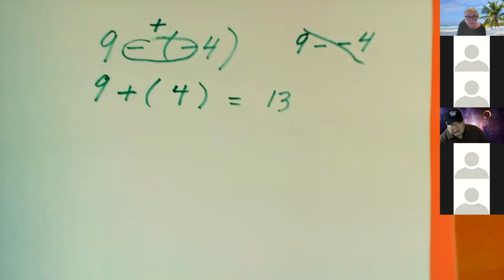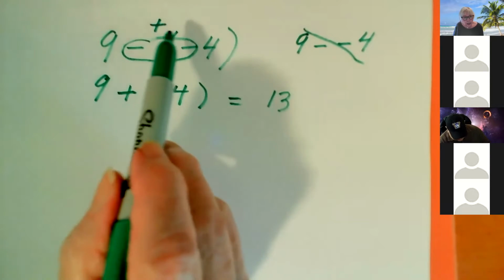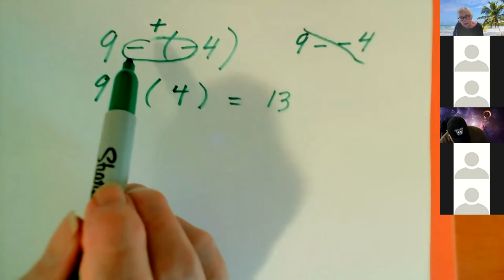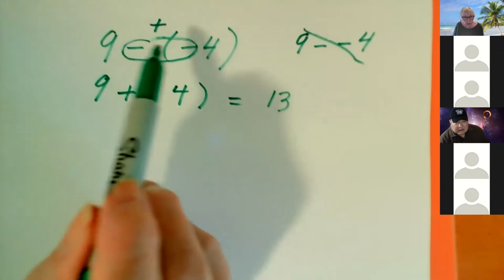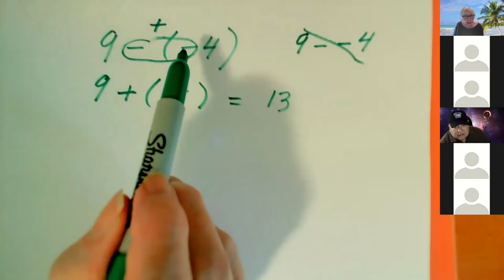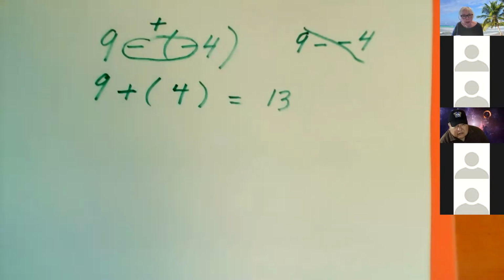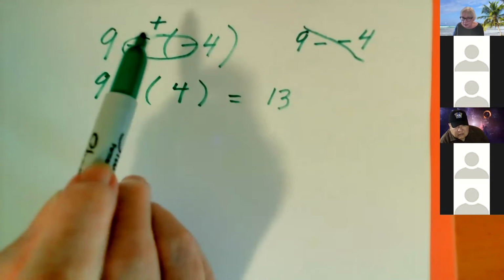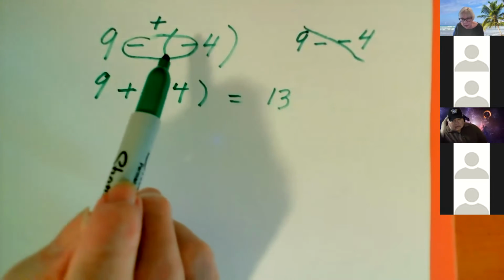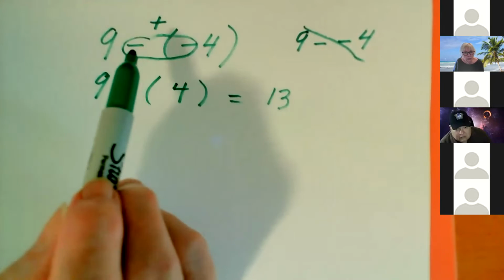Can you see it? One method of teaching this, and there are all kinds of ways, is for the two minuses, subtracting a negative, to just circle those two and say plus, because the two negatives will always be positive like this. So either you follow the rule of changing it.